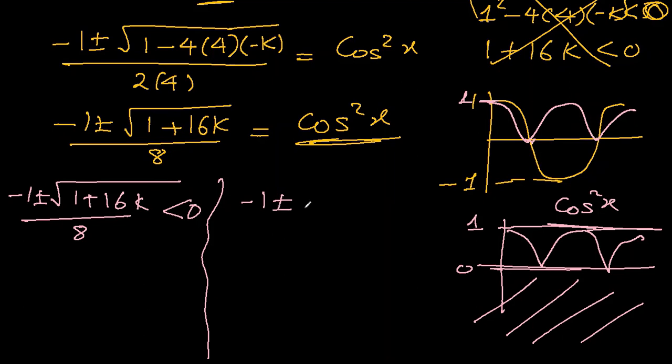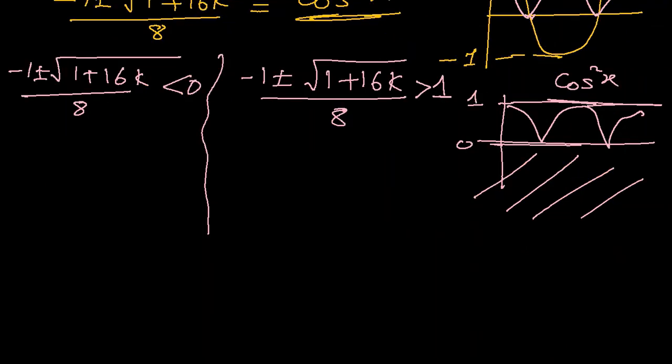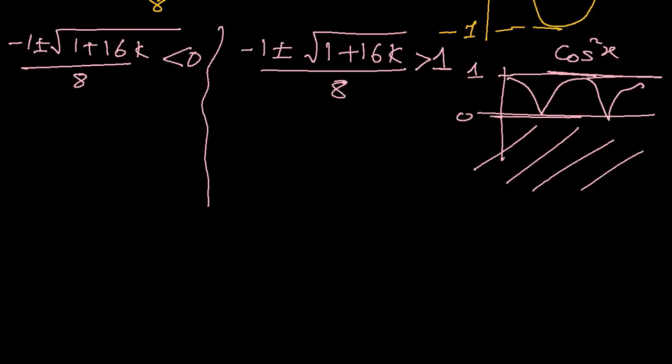Second, minus 1 plus minus square root of 1 plus 16k over 8 cannot be more than 1. These are the two situations when there will be no solutions for the given quadratic equation. So let's solve them one by one. 8 multiplied with 0 is 0. So minus 1 plus minus square root of 1 plus 16k is less than 0.